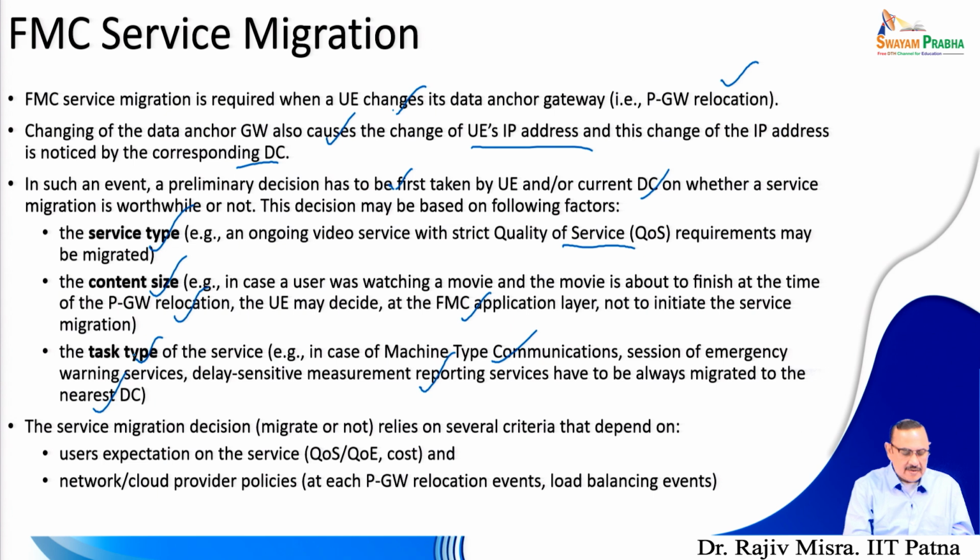So, the service migration decision to migrate or not relies on several criteria that depend upon the user expectation on the service, that is QoS or QoE cost, and the network cloud provider policies at each data anchor gateway, relocation events and load balancing events. So, there are many complex factors which are involved that we have discussed here in FMC service migration.